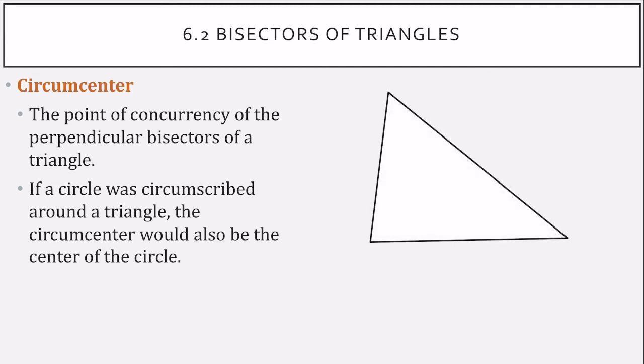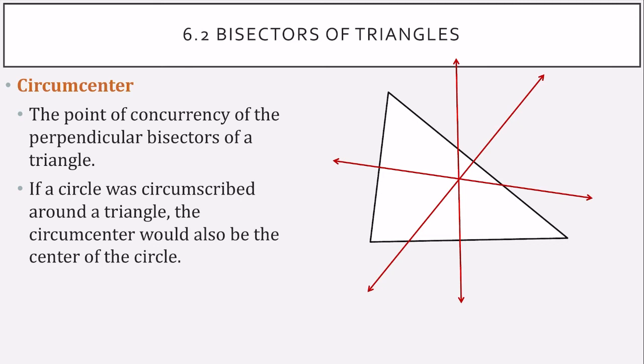Why is that? Well, here's a triangle and a perpendicular bisector and another perpendicular bisector and another perpendicular bisector. So remember, that point is the same distance to each vertex of the triangle.